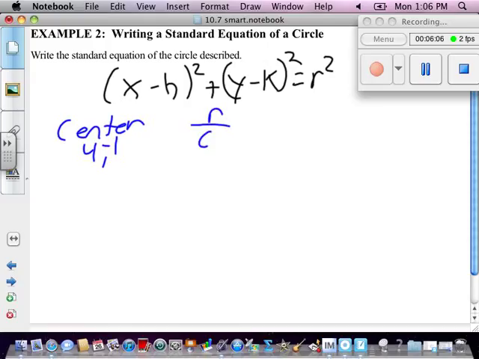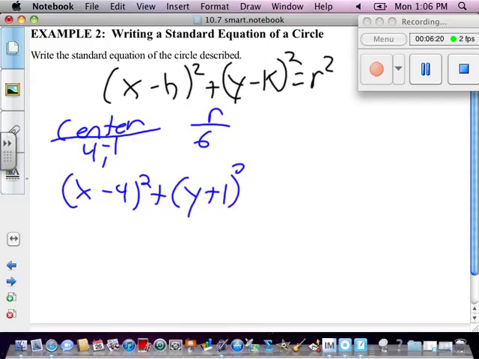I'm going to do the first one, and then we'll help with the others. So we just do x minus 4 squared. See, the x goes with the x. That makes sense, right? Plus y plus 1 squared equals 6 squared, which is 36.